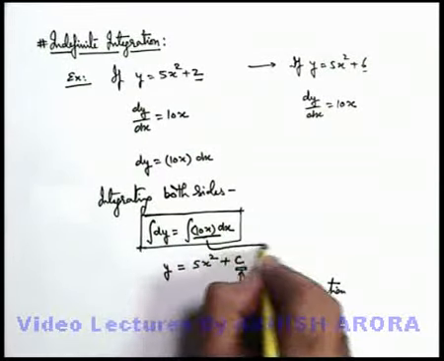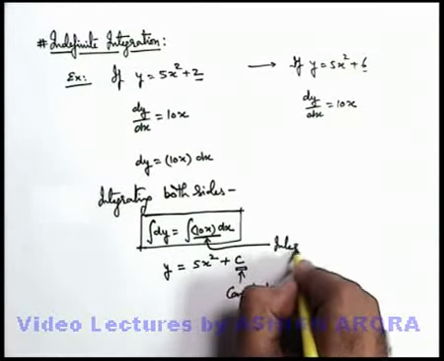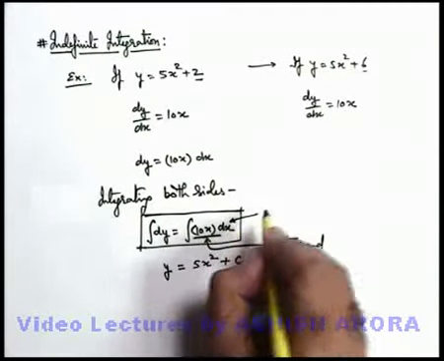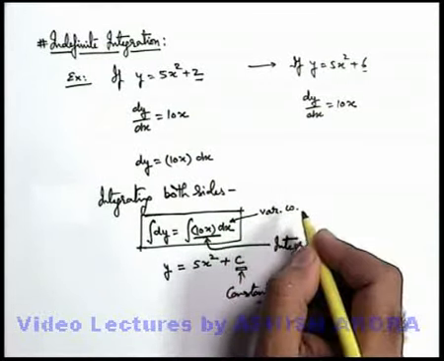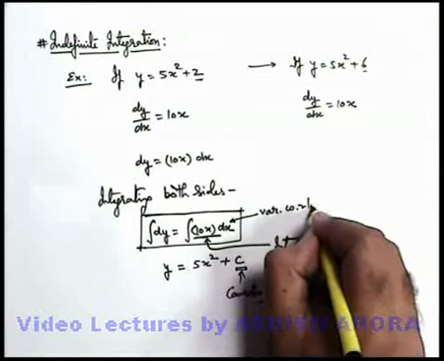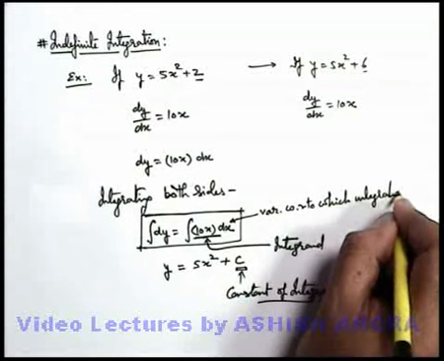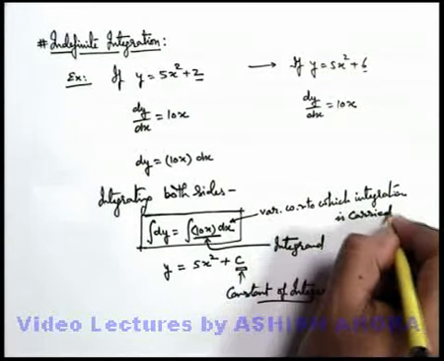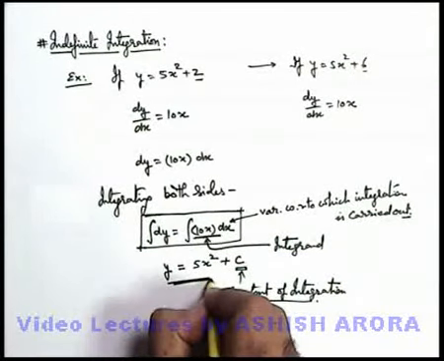This function which is being integrated is called the integrand, and this x is the variable with respect to which integration is carried out. So it must result in the same expression which was earlier differentiated, and we got the value of dy.